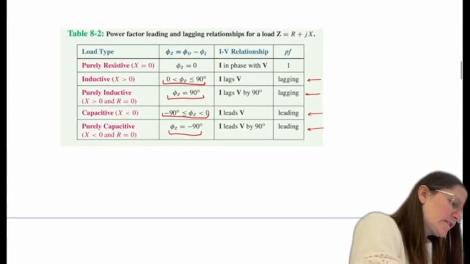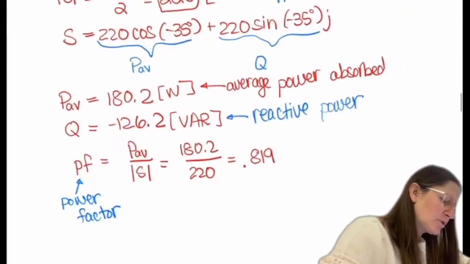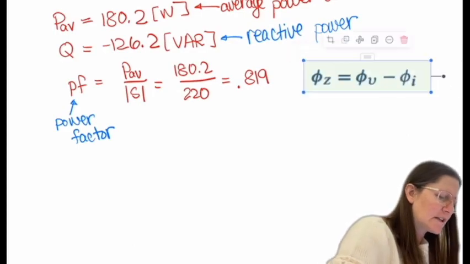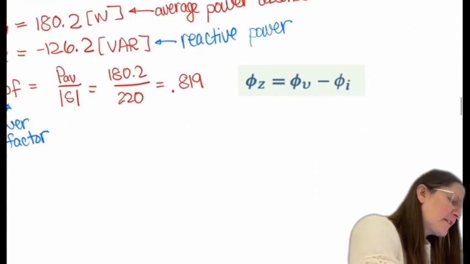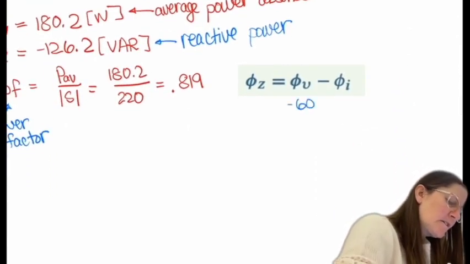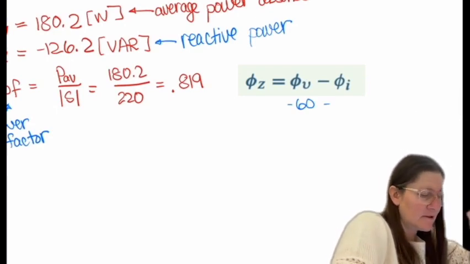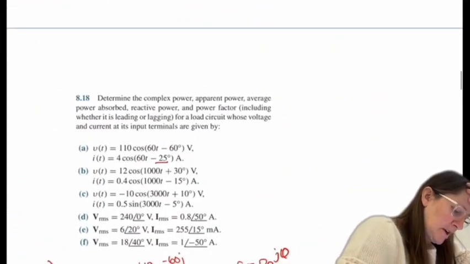So for the power factor, it's the voltage compared to the current, and in this case, the voltage angle was minus 60 and the current angle was minus 25.